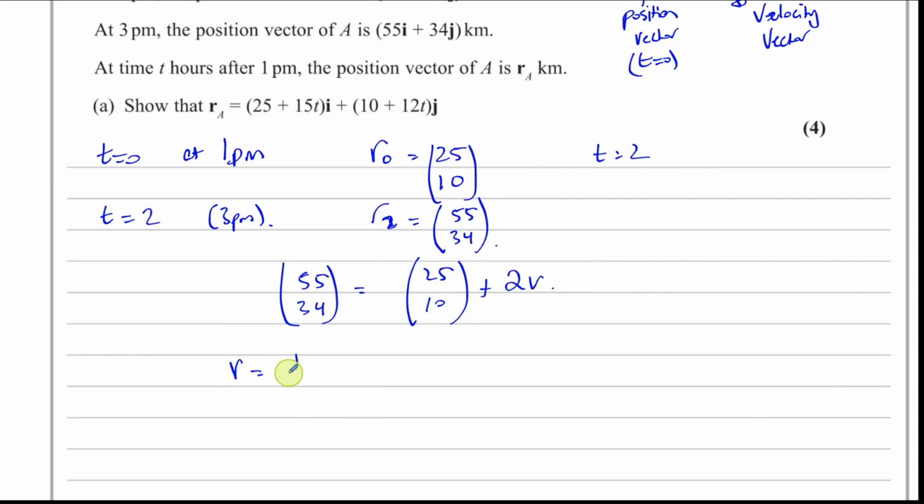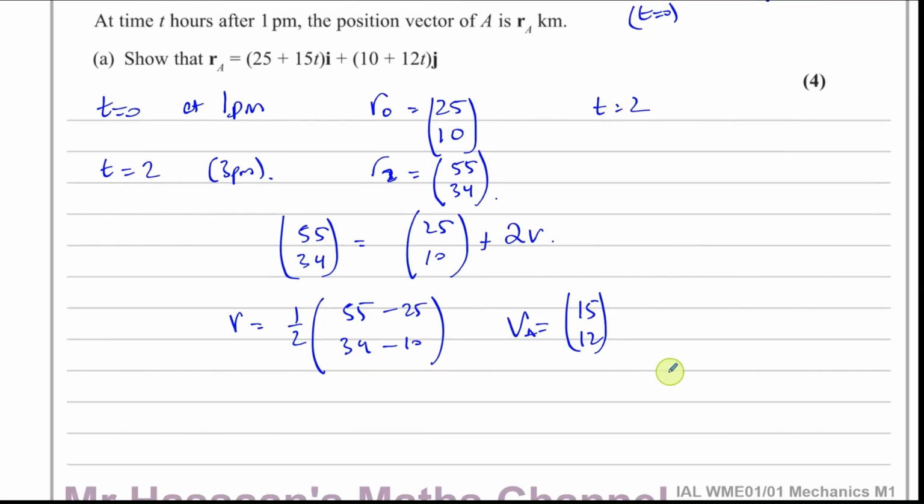So the velocity vector is a half of (55 minus 25, 34 minus 10). A half of 30 is 15, and 34 minus 10 is 24, half of 24 is 12. So this is the velocity vector of A.